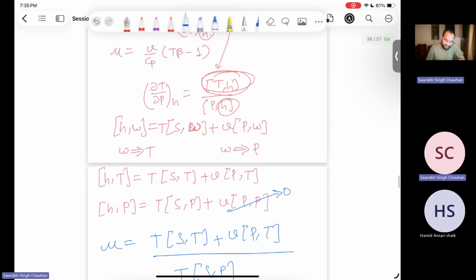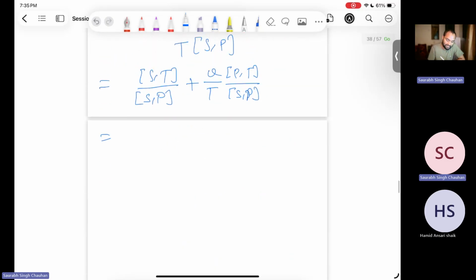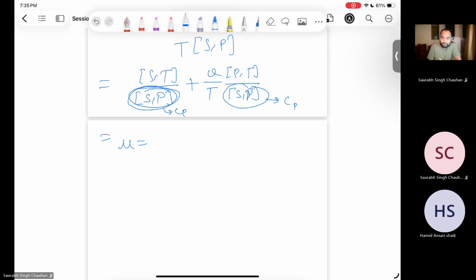But we had to write in terms of coefficients. So we will use the definition of coefficient. As S is coming with P, we'll use the Cp relation. Again here also it is coming with P, so we'll use the Cp relation. So we'll be left with mu is equal to, and here S is coming with T, so we'll use the Maxwell equation.